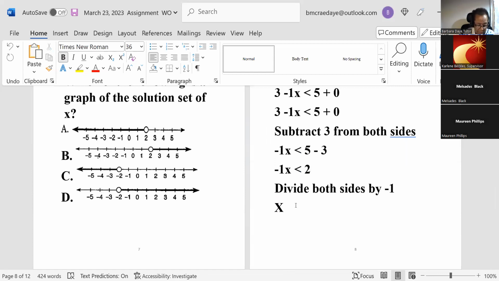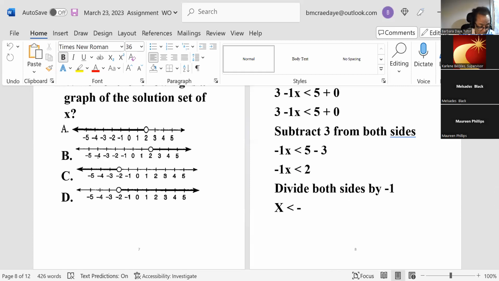So that would be x less than negative 1. No, I'm sorry, x less than negative 2. 2 over 1 is 2.